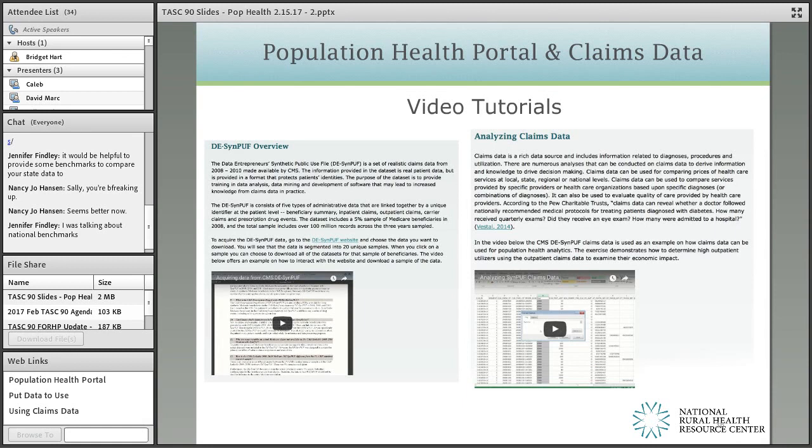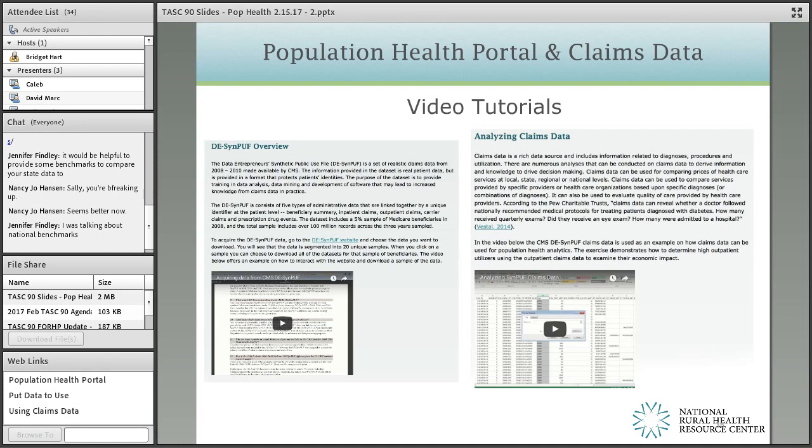In an effort to support population health and offer greater educational support, the National Rural Health Resource Center, in cooperation with the Federal Office of Rural Health Policy, created this population health portal, as Sally previously described. The portal is designed to help critical access hospitals, flex coordinators, and rural health networks navigate that journey towards improved population health.